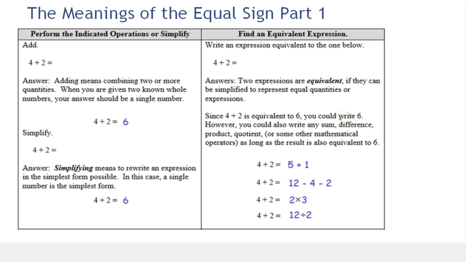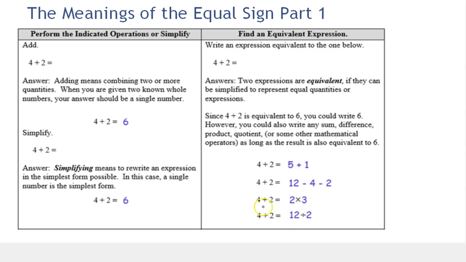But notice there's a lot of different things we can write here, a lot of expressions that when you simplified or performed the operations like mentioned here, they would also equal 6. So we could say 4 plus 2 equals 5 plus 1. 4 plus 2 equals, well, 12 minus 4 minus 2, that's also equal to 6, so these are equivalent expressions. 2 times 3 equals 6, so these are equivalent expressions.